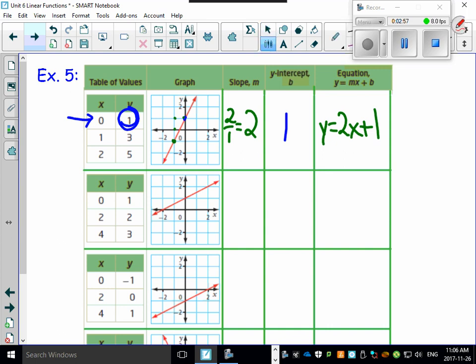Look at this again. I'm giving you a table of values. Again, here's the y-intercept. We know it's a y-intercept because x equals 0. It's on that point right here. There's your graph going through the y-intercept. See it? Okay? So y-intercept, 1.